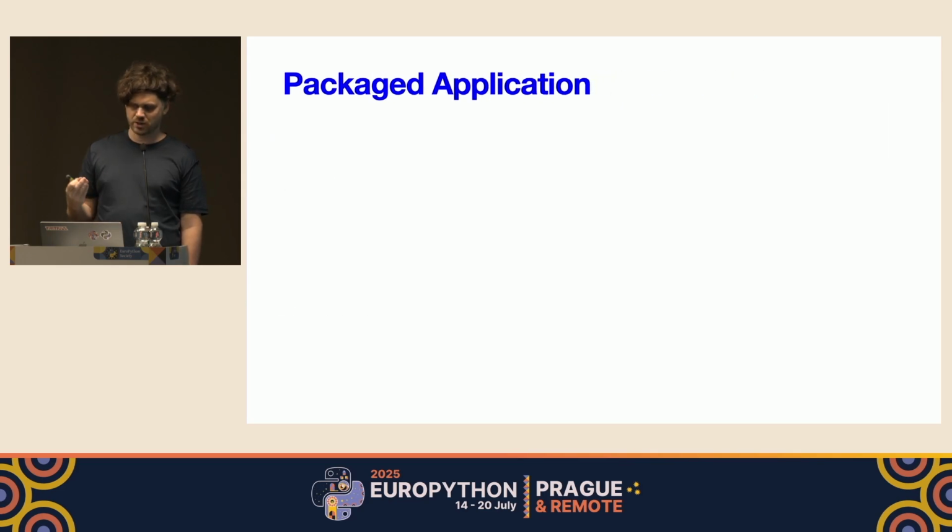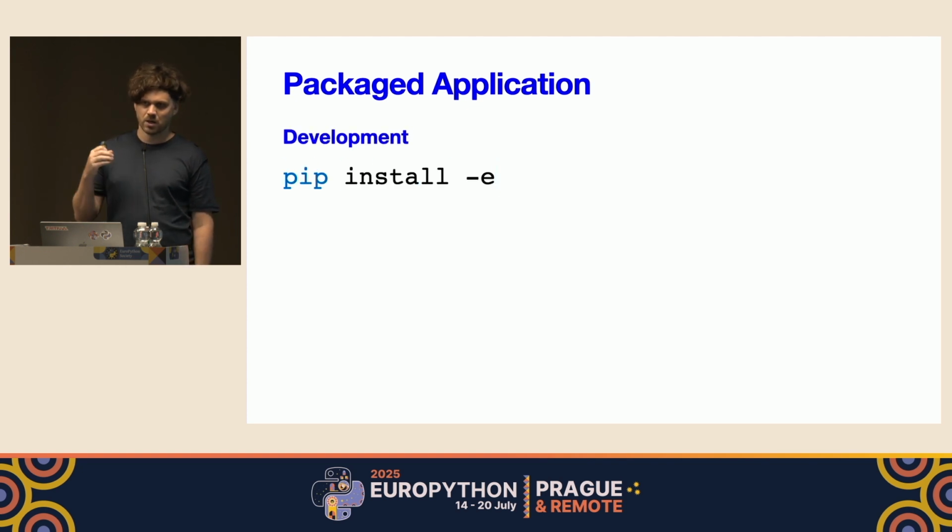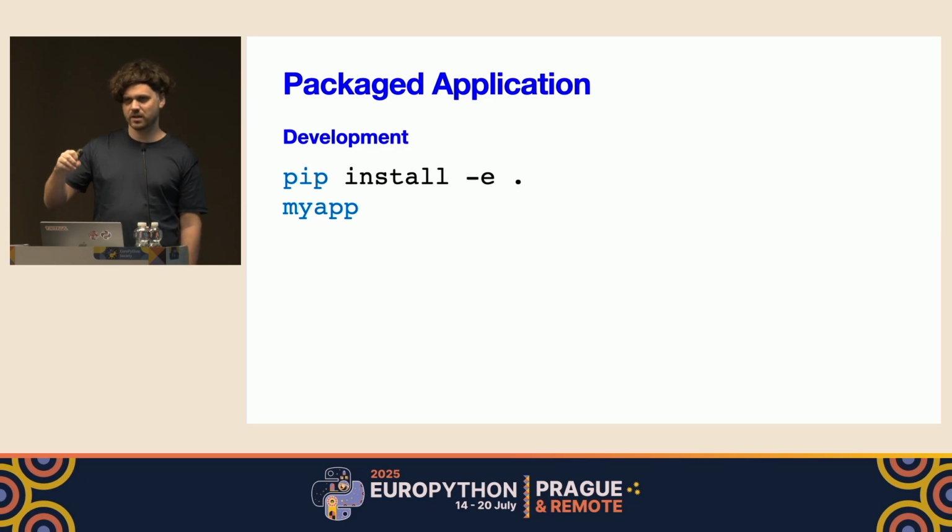And then we have packaged applications. This essentially means that we treat our applications as if they were libraries. For local development, we install them in editable mode. This has an advantage that a package can define its own dependencies, so we don't need an extra step to install the dependencies.